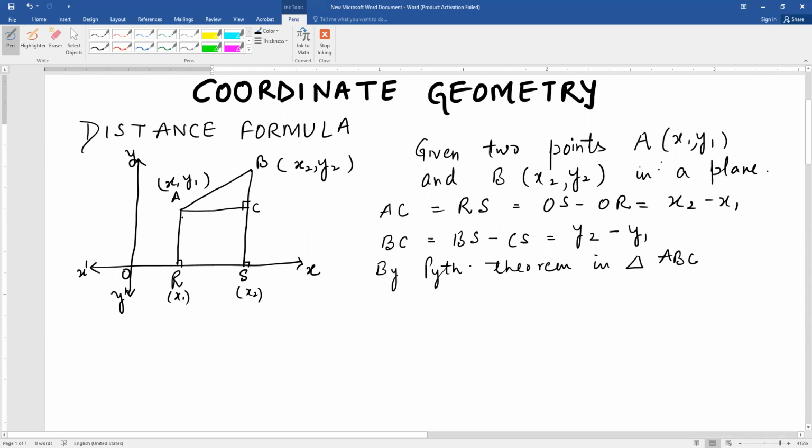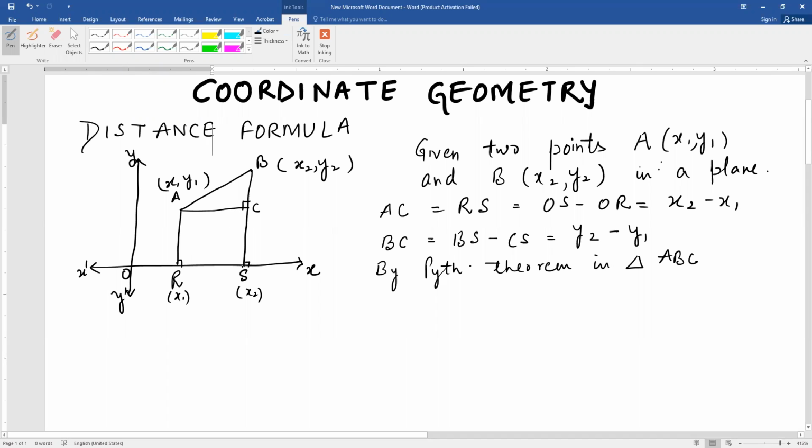We draw perpendiculars from A on the x-axis and from B on the x-axis at points R and S. Similarly, we draw AC perpendicular to BS so that this triangle ABC becomes a right angled triangle. Now what is AC? AC is nothing but RS because these are all parallel lines.